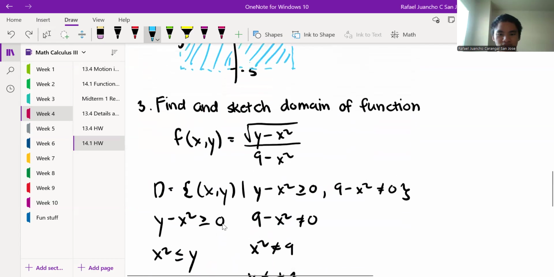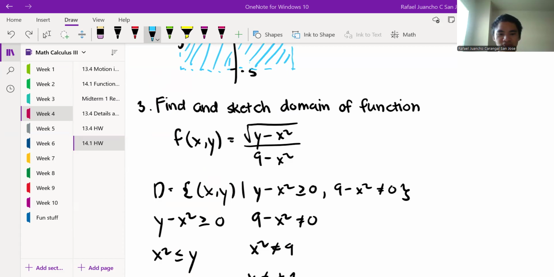Let me just double check. Okay, so he gets the domain. He says that y is greater than or equal to x squared. He gets that x is equal to plus minus 1, but in my case, it's 3.